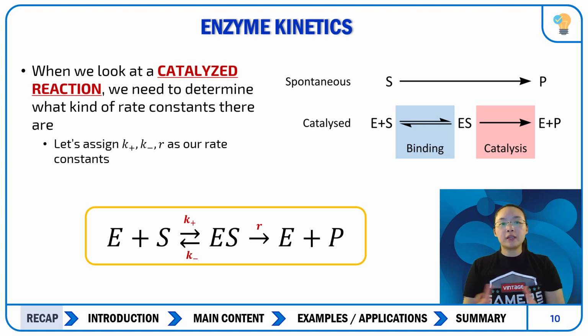Apart from looking at the conceptual viewpoint of enzymes, we then took a look at reaction rates. We had these different rate constants, K plus for the forward reaction, K minus for the backwards reaction rate, and then we had R for the rate of product being produced.